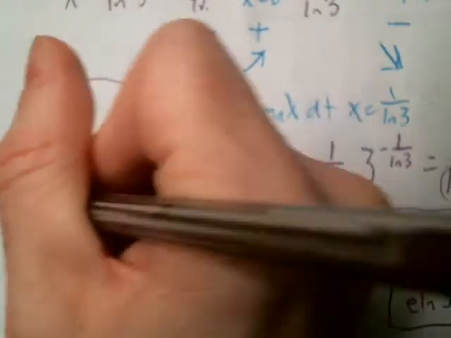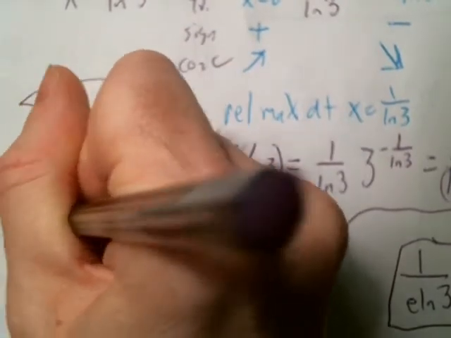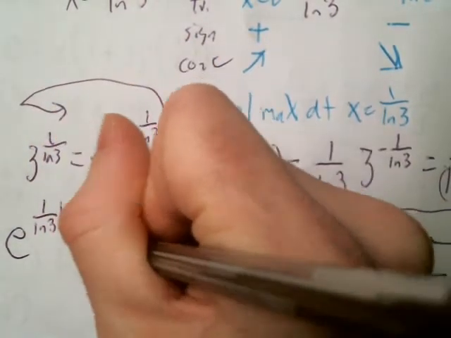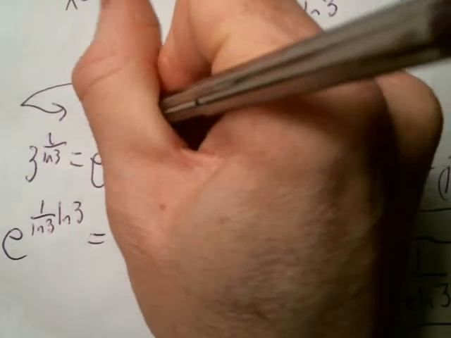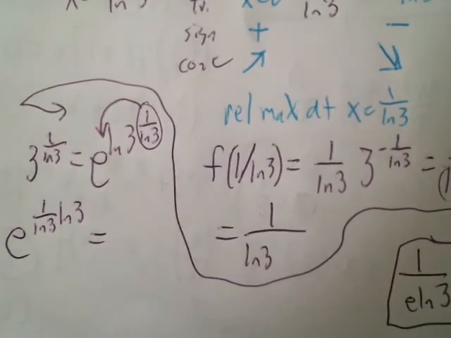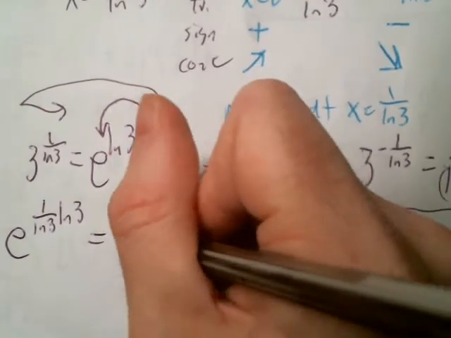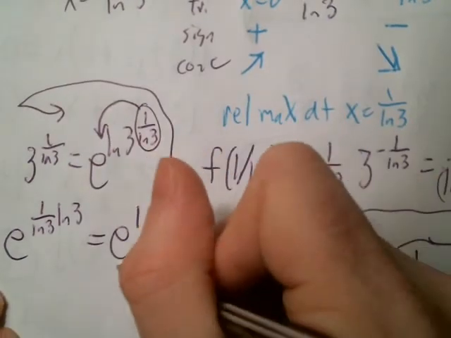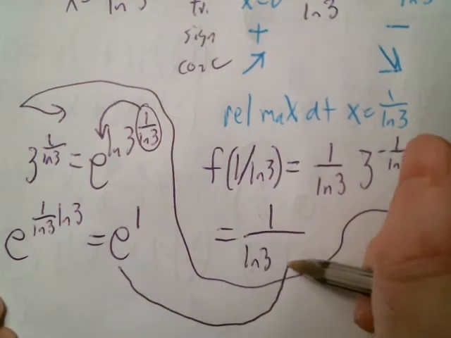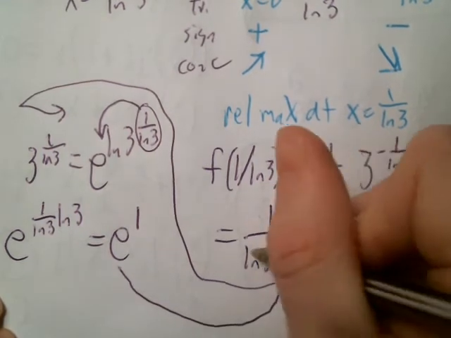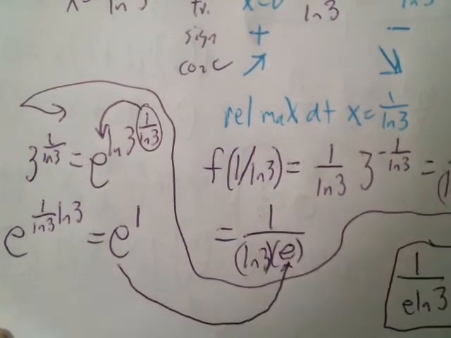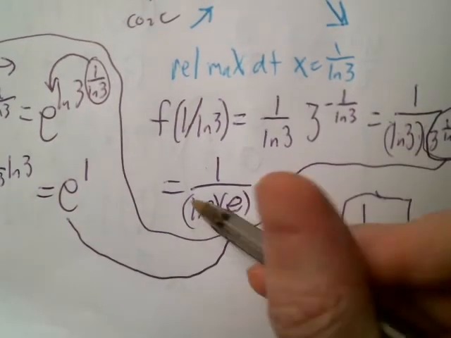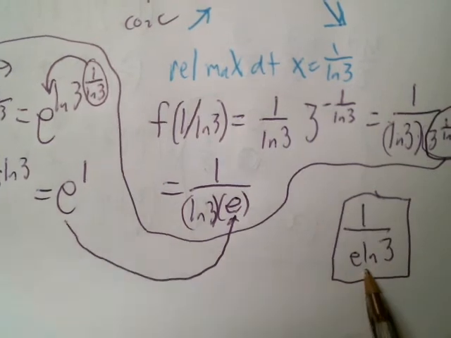That's e to the 1 all over ln 3 times ln 3, which is just the power rule, right? I brought the 1 over ln 3 in front. And then ln of 3 times 1 over ln of 3 is just 1. Okay, so you get e to the 1. And that's what you kind of see in that answer. So that's just e right here in their simplification. The commutative law of multiplication says you can put the e in front, and that's what their answer is.